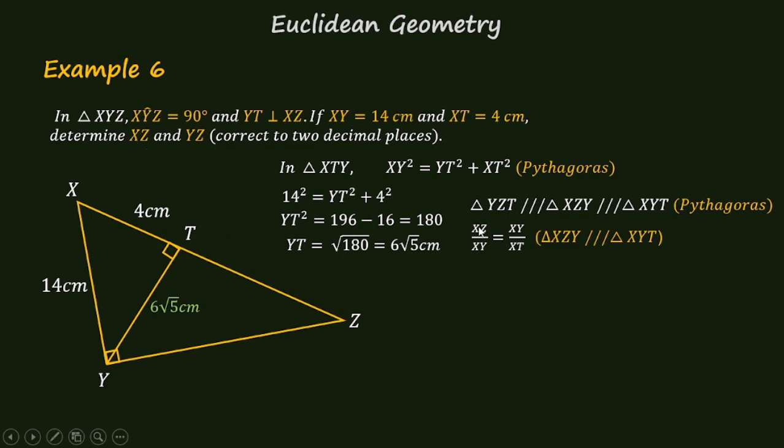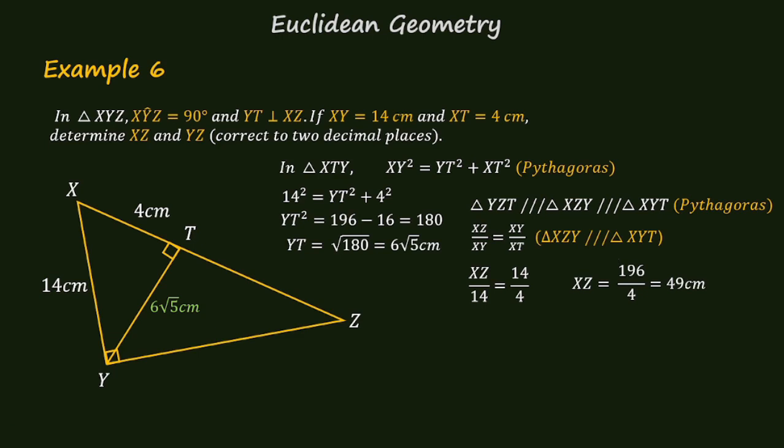So we say XZ over XY, the whole of XY over XT. We have all these other three sides except the XZ that we are looking for, simply because these two triangles are similar to each other. We can substitute the values, and then our XZ will be 49.